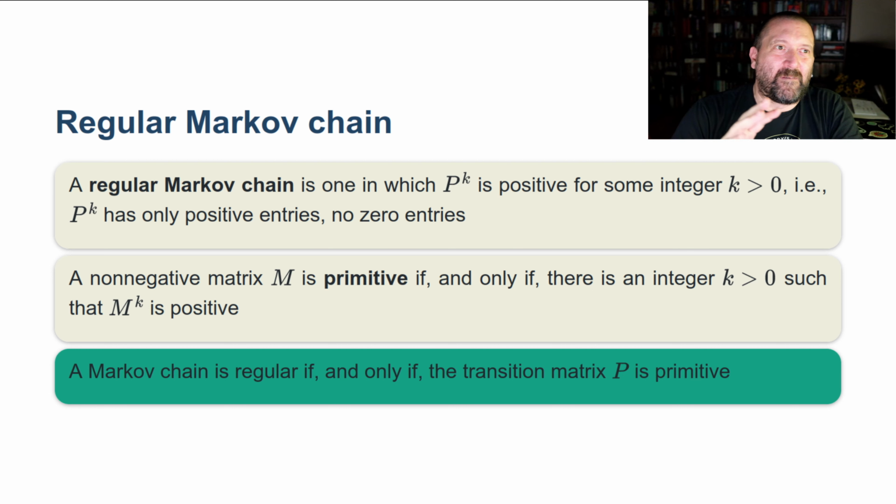This is one of the very interesting aspects with discrete time Markov chains in particular, that you can go back and forth between some properties that are more on the graph side, and I will explain where this is coming from, and some properties that are more on the matrix side of things. Okay, so in any event, we have a regular Markov chain if and only if its transition matrix is primitive.